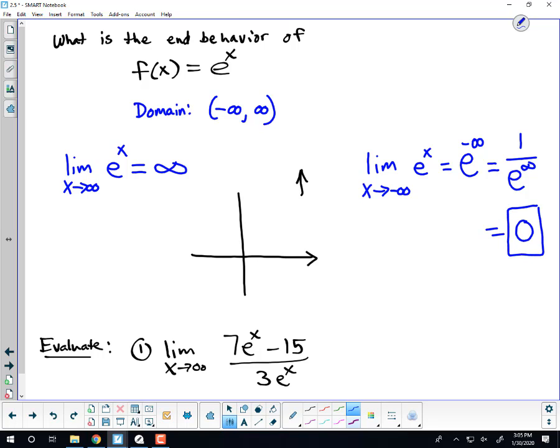So we know here out at this end, the function is really close to 0. We know it's positive because exponentials are always positive, unless they have a negative in front, right? So, oh yeah, that looks familiar. I think the graph of e to the x does something like this, right? Okay, so that's the end behavior for e to the x. Again, you can get that just by remembering the graph as well.